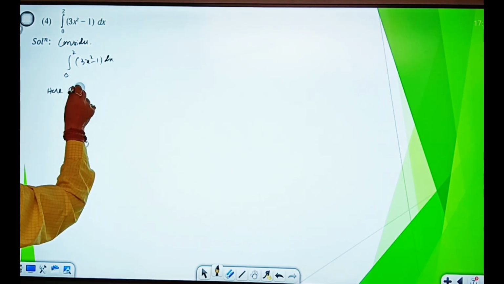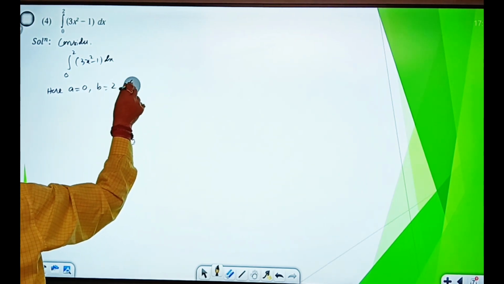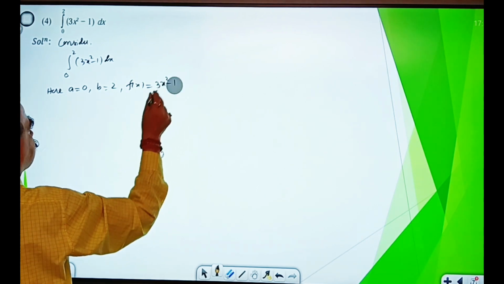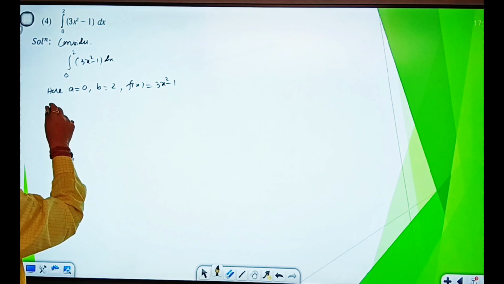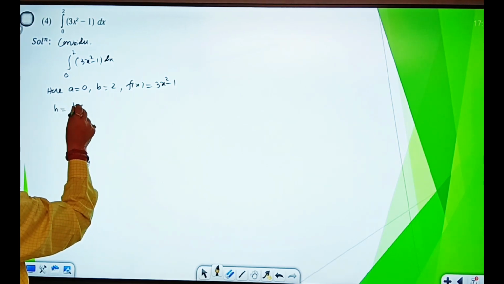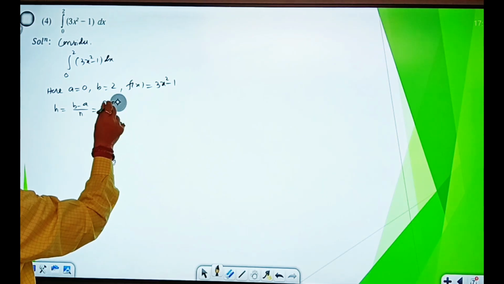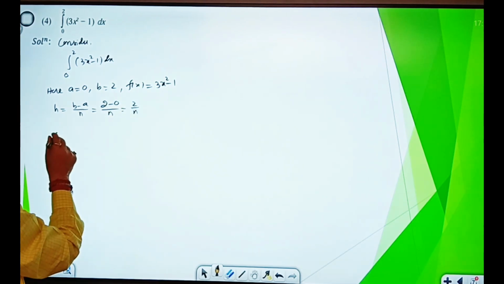Here a is what? 0, b is 2, and f(x) is what? 3x square minus 1. h is b minus a upon n, 2 minus 0 upon n, which is 2 by n.